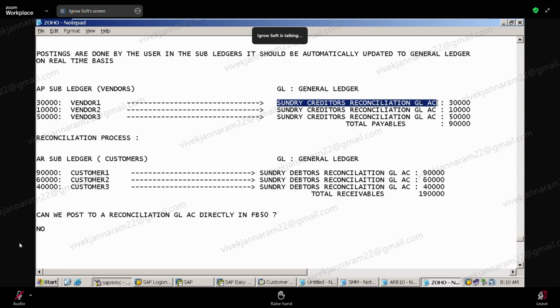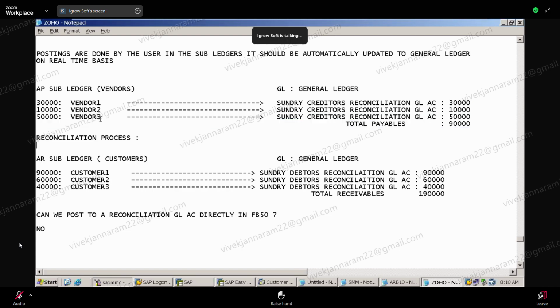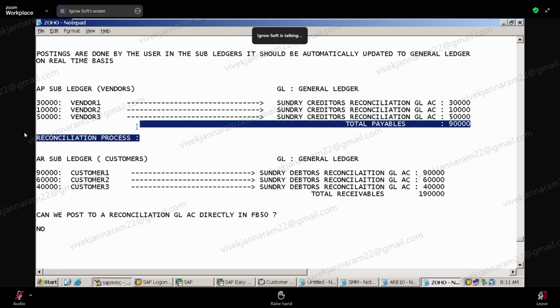Total payables I can see in the general ledger in the sundry creditors account. Individually, vendor 1, vendor 2, vendor 3 I can see in the AP subledger. So like that, we are connecting the subledger to the general ledger. This process we call reconciliation.